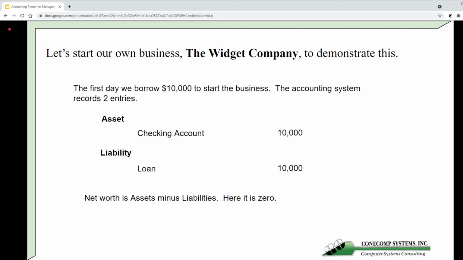But in doing so, we've incurred now a $10,000 loan liability, so we would create a liability account called loans and enter $10,000 on it. Now, what's the net worth of our new company? Well, it's assets minus liabilities, or $10,000 minus $10,000. So the net worth of our company is 0.